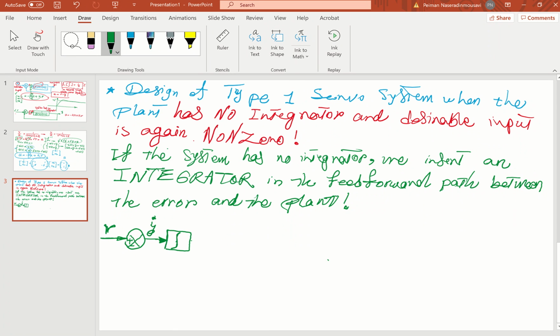If you integrate zeta dot, this is kindergarten mathematics, this is going to give you zeta, right? Then I'm going to multiply this by ki. I'm going to talk about the ki, and this goes to another plus minus.